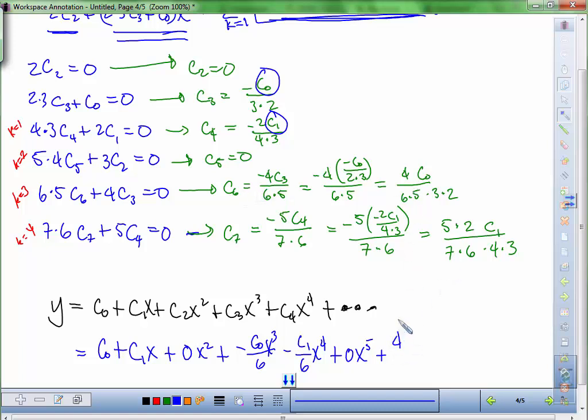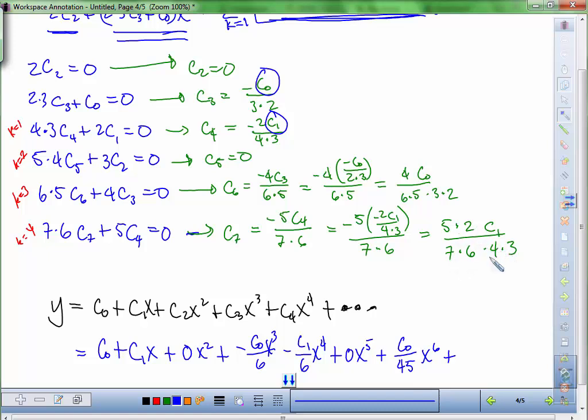Oh, let's cancel the 4 and the 2 and the 4 and the 6. So that leaves 45. So C0 over 45 x to the 6th. And then this one, the 5 doesn't cancel, so we're stuck with a 5.